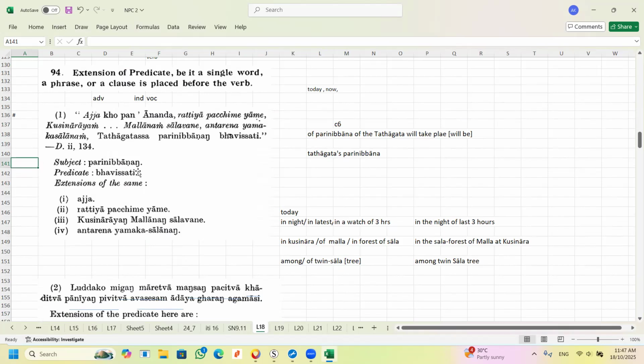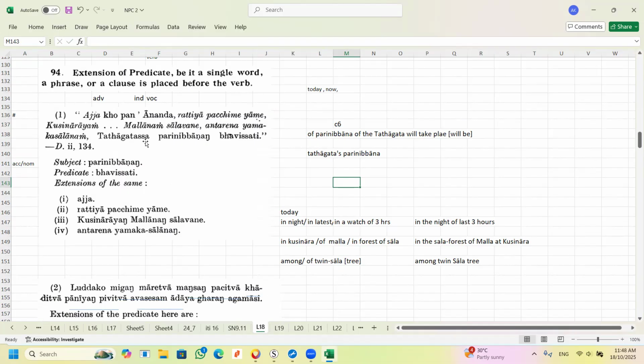Parinibbana. Can you see? It appears to you as accusative, but parinibbana technically should be a neuter noun. So when it's a neuter noun, it cannot be accusative. It has to be nominative.